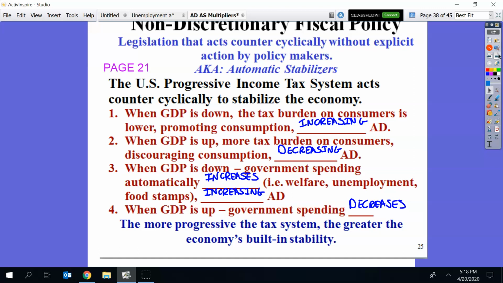So automatically the government budget's going to go into deficit during recessionary times, even without discretionary fiscal policy. And automatically the government budget should go to surplus, right? Less need for government spending and more tax revenue coming in during economic expansions. You can ask Bill Clinton about that. He actually had a surplus a couple of years of his presidency due to really robust economic growth.